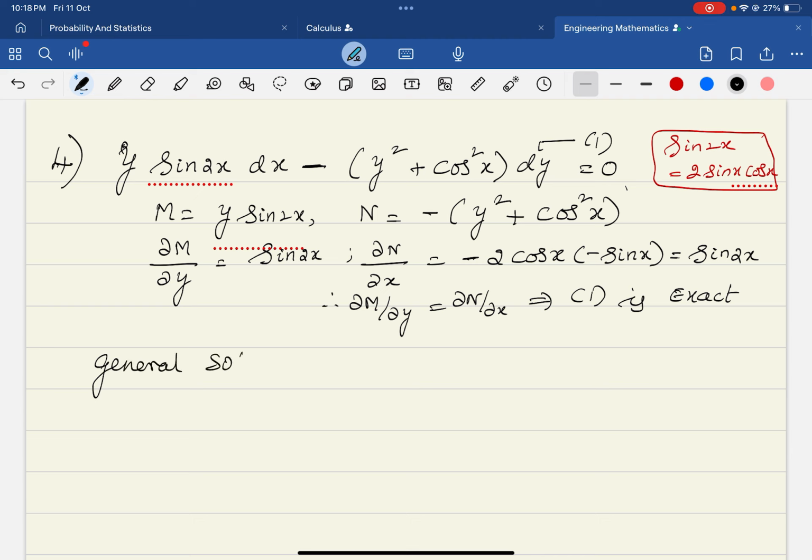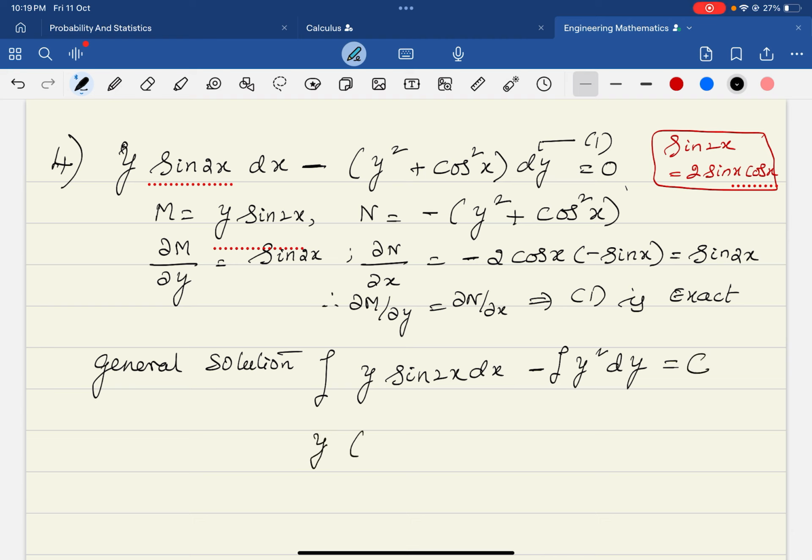So the general solution is the integral of y sin 2x dx. Now what are the terms which do not contain x? Only y² is there. So minus the integral of y² dy is equal to c. So now take y outside.